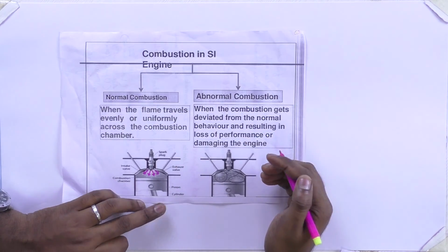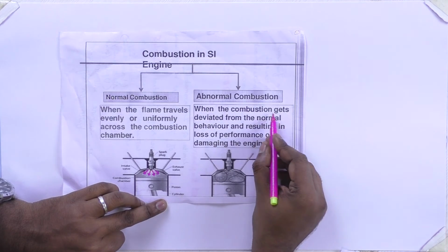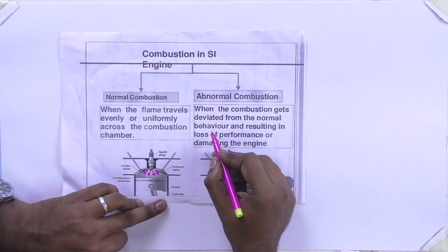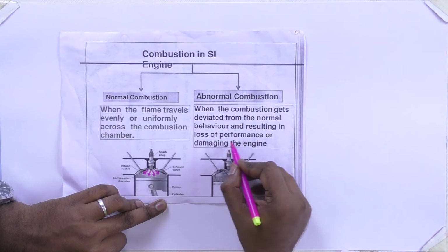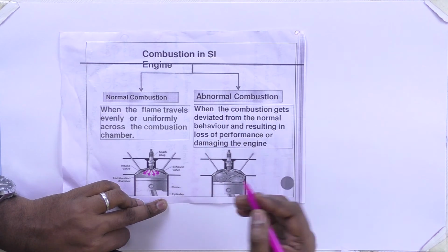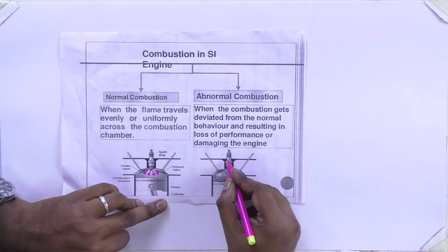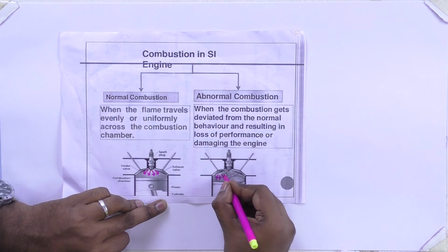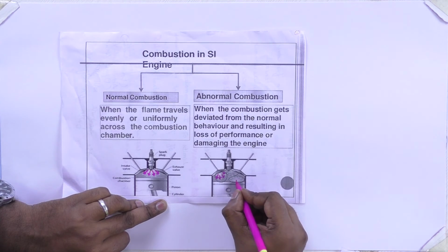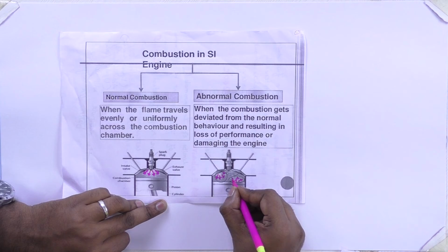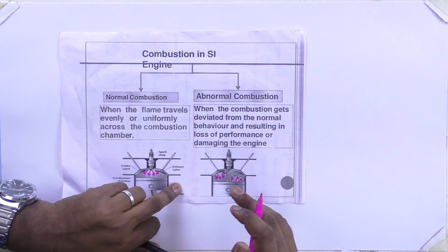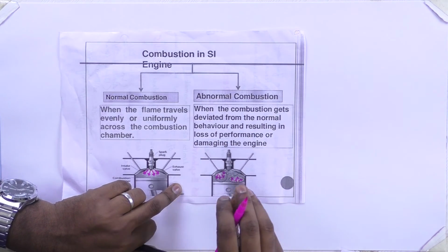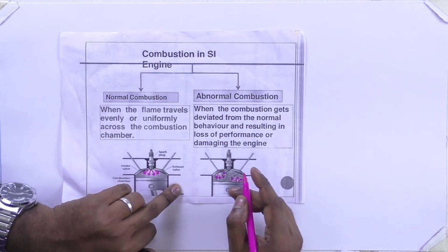But in the case of abnormal combustion, the combustion deviates from the normal behavior, resulting in loss of performance or damage to the engine. Here, this is the spark plug, but the combustion happens all over the area in different directions, so it will lose the performance of the internal combustion engine.